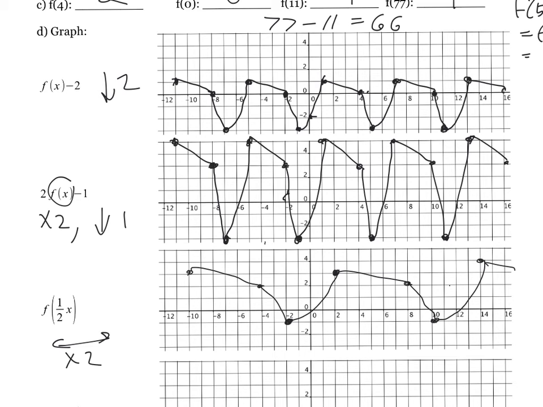You'll notice the original function goes through the origin. Your transformed function still goes through the origin because the x-coordinate is 0. Multiply 0 by 2, and you get 0 still. So this point did not move.